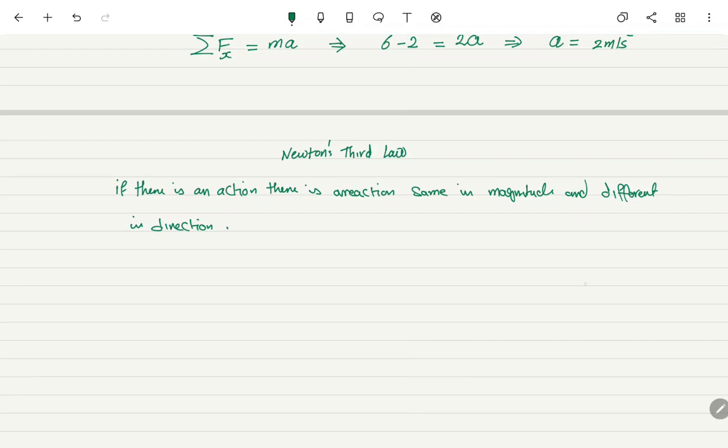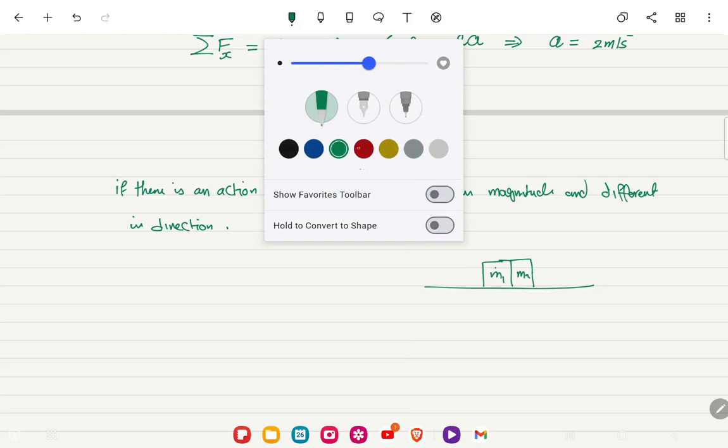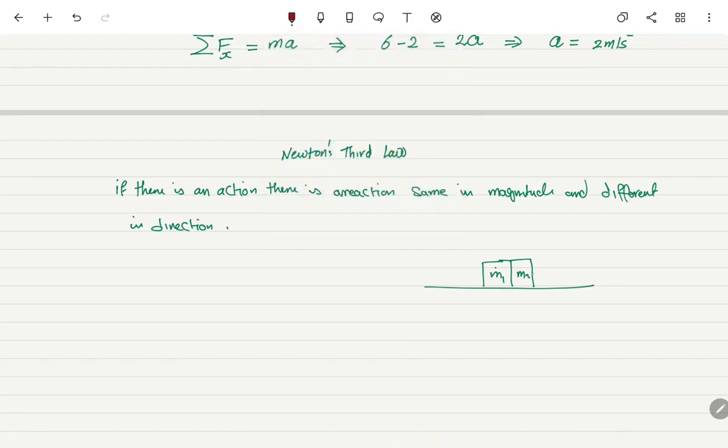Let's have a simple example. We have two masses, m1 in contact with m2. Here we have two forces, F2 on 1 and F1 on 2. F1 on 2 is directed this way. Let's change the color. This way is F1 on 2, and we have the same force, same magnitude but different direction.